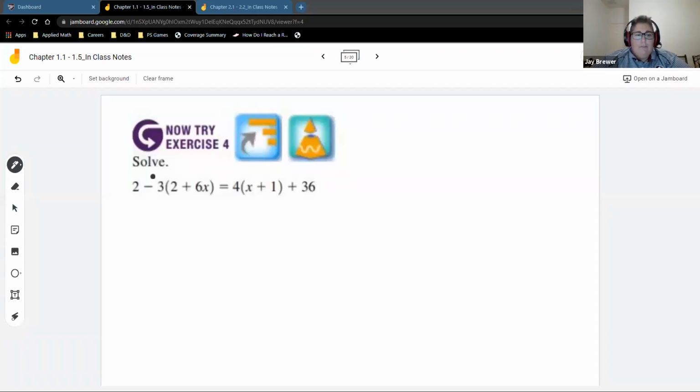Okay, so hopefully you did as I suggested and you paused the video. So what you want to do first is distribute, and I try to go ahead and do this on both sides. If you need to do one step and then the other, you certainly may, but I like to try and combine those two steps. The important part here is that your 3 is a -3.